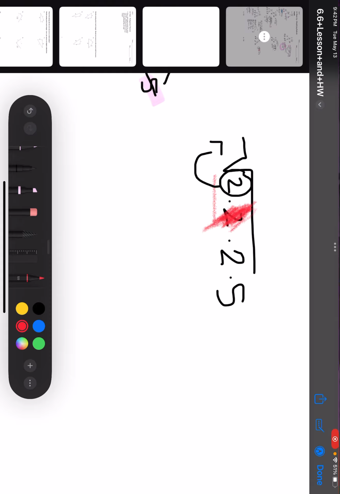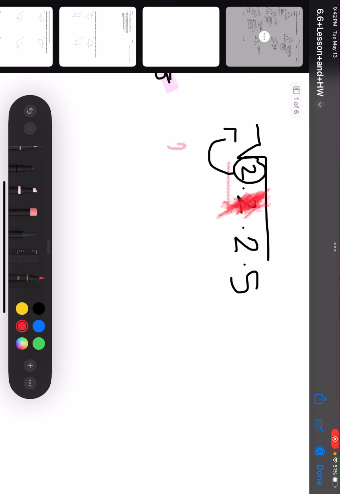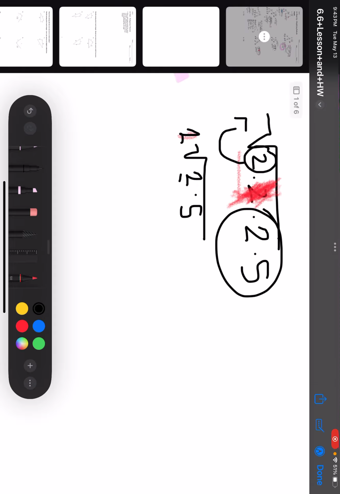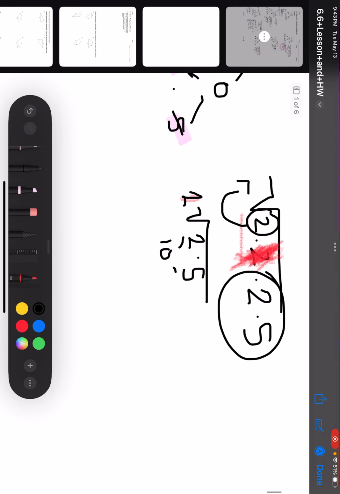They could only save one, remember? It's dead. But anyways, the other twin went outside into the real world. And now all we have left over is our 2 and our 5 right here. Let's do some math. This is 10. So then our answer will be 2 over 10.